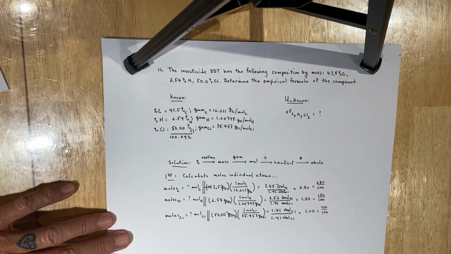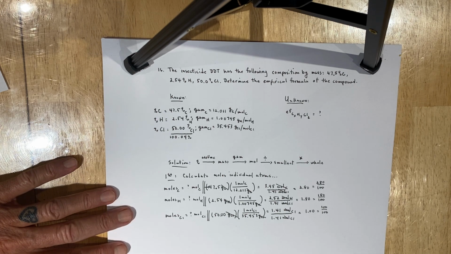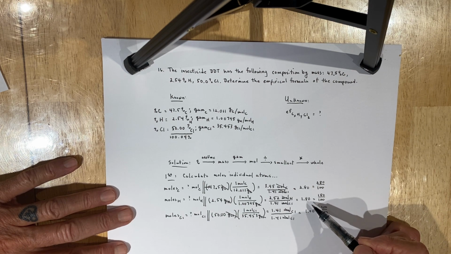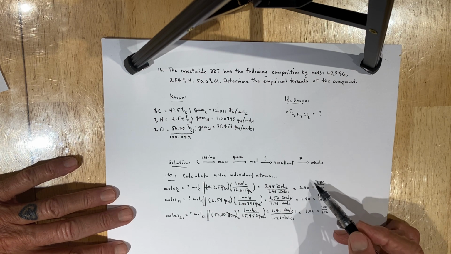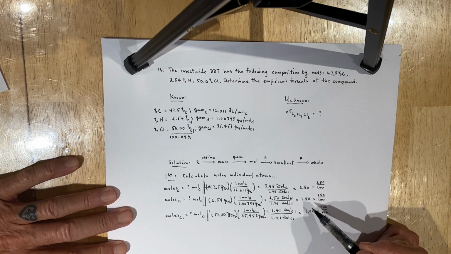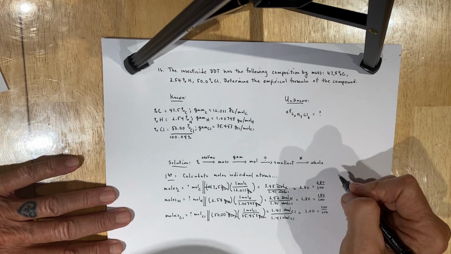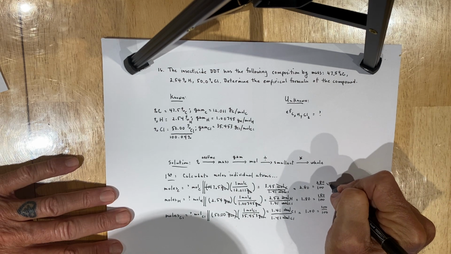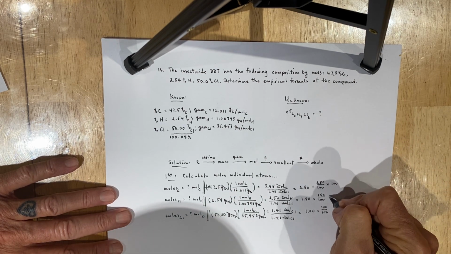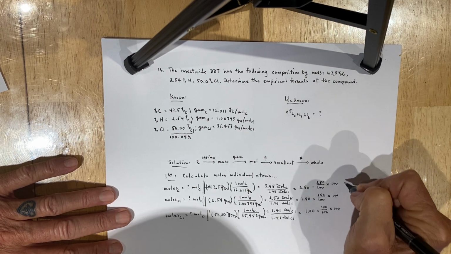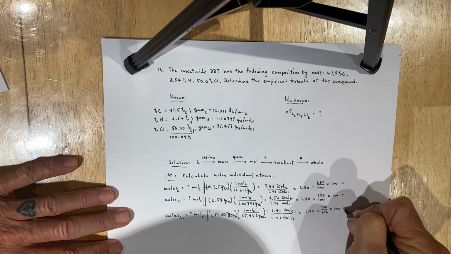Now, one of the biggest mistakes that students tend to make is wanting to round 2.8 to 3, 1.8 to 2. Those numbers are a long way from whole numbers, so you're best not to do that. So what we're going to choose to do is now multiply the denominator by a number that allows us to get a whole number.